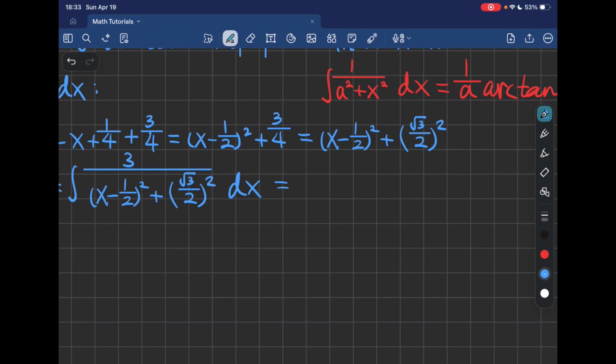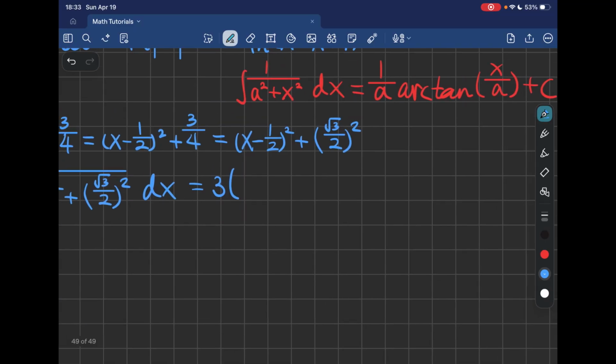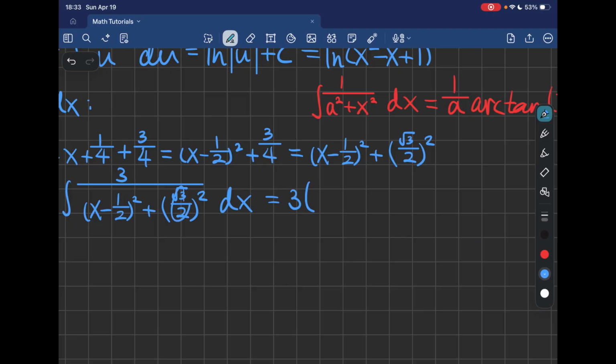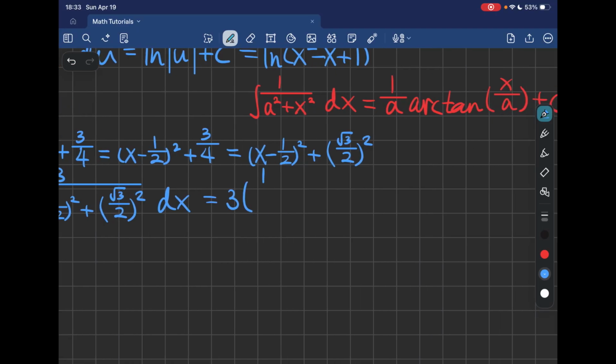So we have 1 as the numerator on top. So we have 3 times something. So let's see, 1 over a, right? A is this one, it's the constant. So 1 over, we can simplify that later.